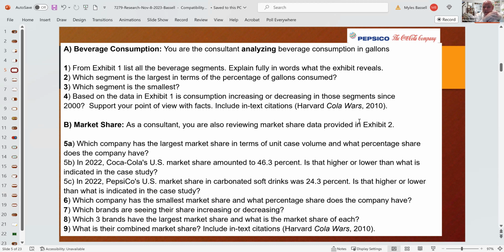It shows a variety of different beverage segments, and it indicates in percentage of gallons the amount consumed for each of those beverage segments. What I want you to do is to indicate in your report what is the largest segment and what is the smallest segment. What is the smallest percentage of gallons consumed? What segment is that? This information is in the case, and it's in Exhibit 1.